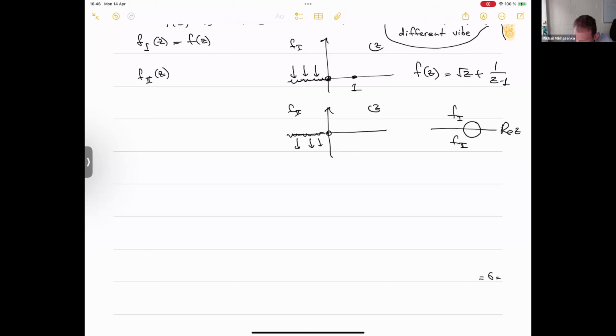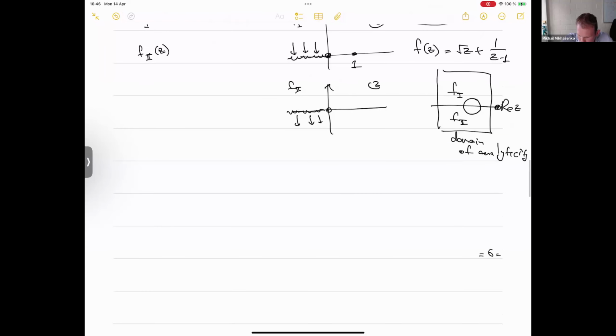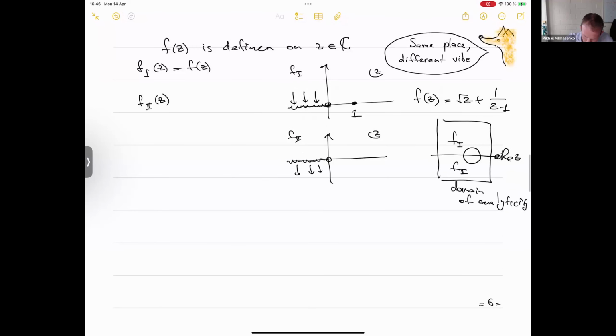So the function is actually analytic on this domain. Then we say f2 gives an analytic continuation of f1, and f2 is analytically connected to f1 and gives analytic continuations through the cut.